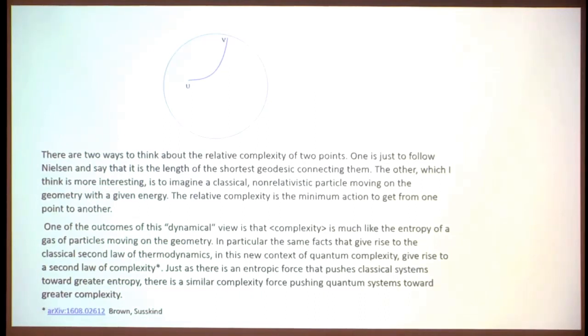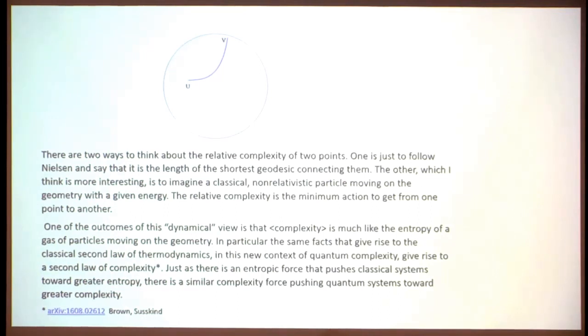You can think of it as 2 points on the hyperbolic plane or on the complexity geometry. The way Nielsen thought about it was as the geodesic distance between the points. The way I like to think about it, which is completely equivalent, is to imagine a non-relativistic particle moving on the geometry and think about the minimal action for the particle to go from one point to another. They're completely consistent with each other.